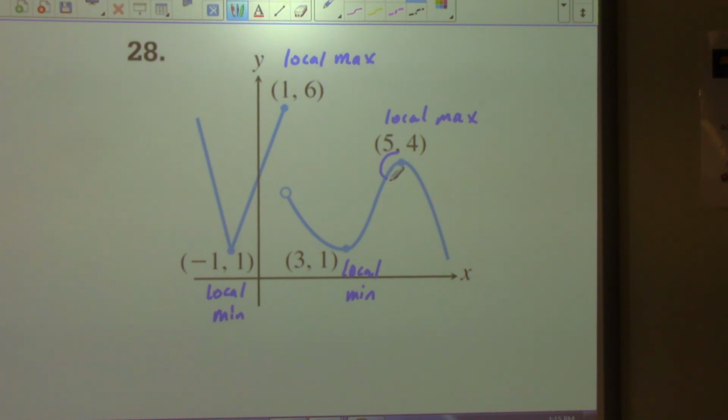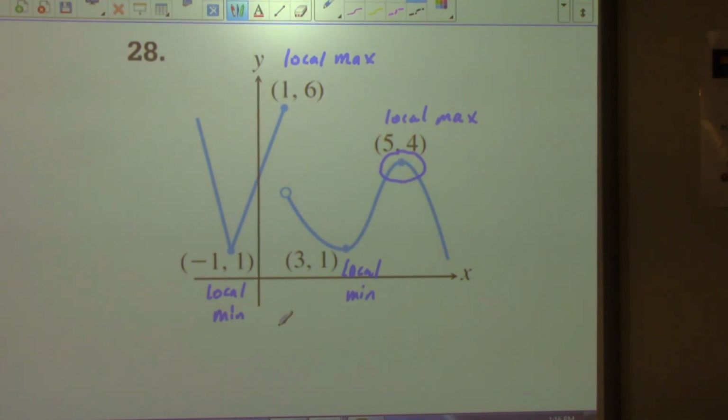So local maximum means that you just focus in on this portion, and you see that 5, 4 is the highest point in that smaller piece. Now, if this also happened to be the highest point for the entirety of the function, that would also be a global or absolute maximum.